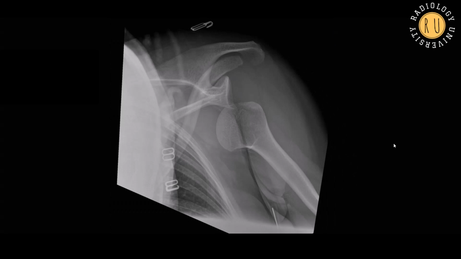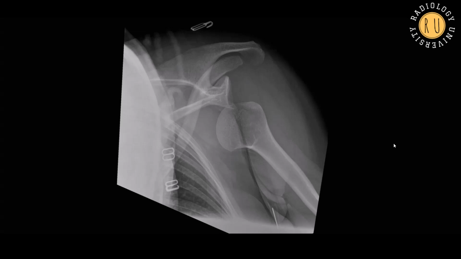I can see that the humeral head is not in a congruent position with the glenoid. So this confirms left humeral head dislocation. And I noticed there's a depression in the superolateral border of the humeral head.